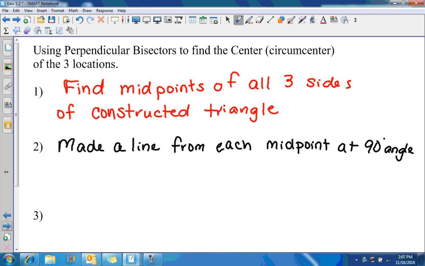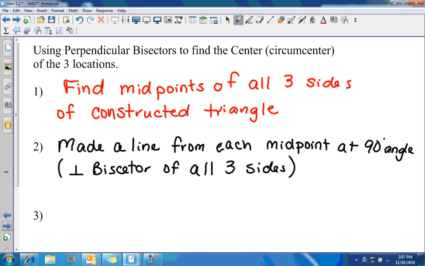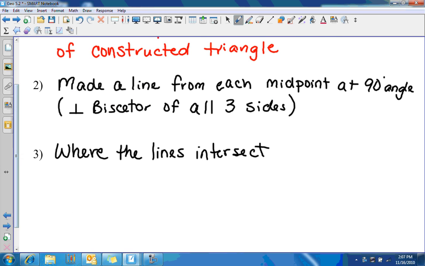In other words, I did a perpendicular bisector. I don't care which way you use it, but I made the perpendicular bisector of all three sides. And then where they intersect, that is your circumcenter.